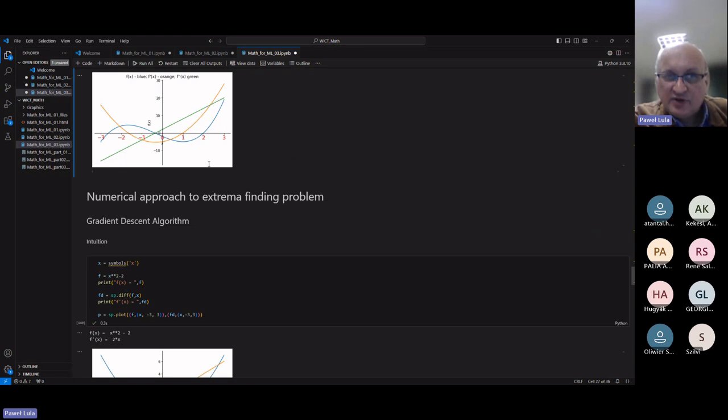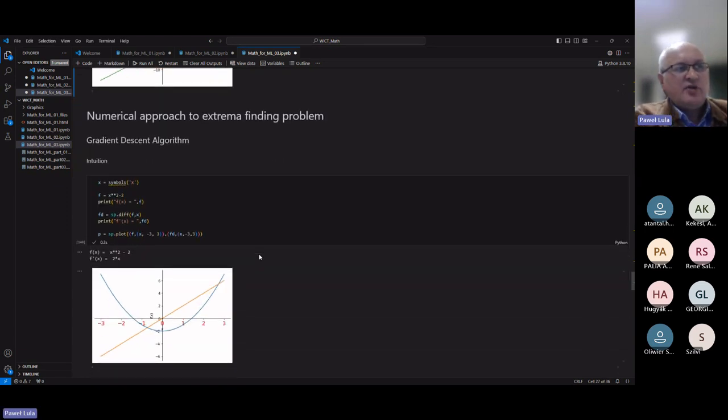So the last element for today is a short characteristic of a numerical approach which we can use for finding extrema values. I'm going to show you an algorithm which is called the gradient descent algorithm.